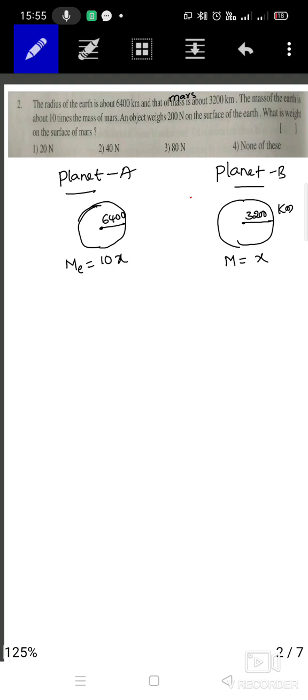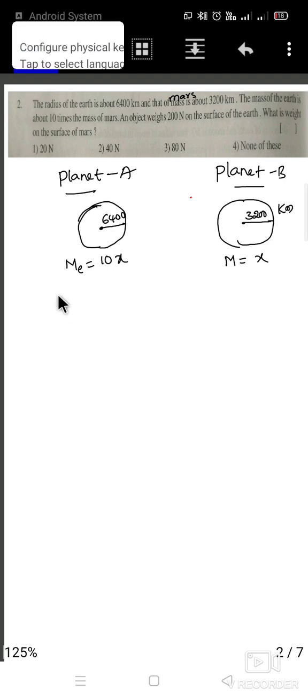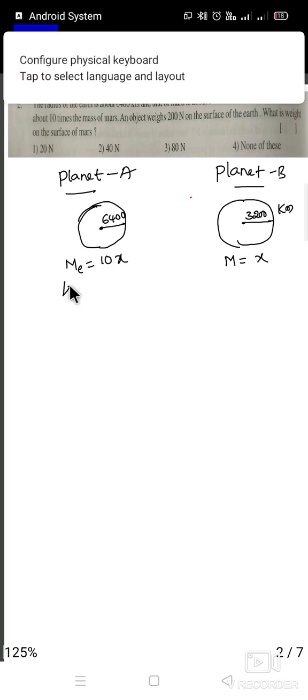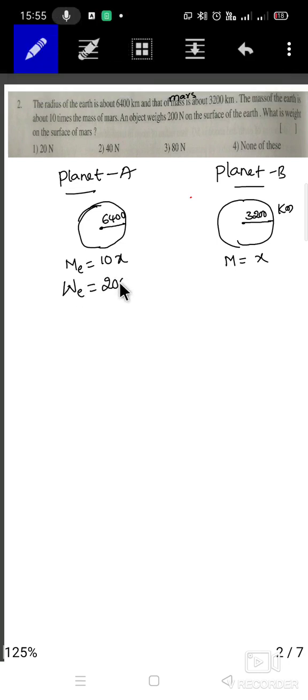That means the weight on the earth is equal to 200 newtons. Now, what is the weight on the surface of Mars? So now we need to get the weight on the Mars surface.